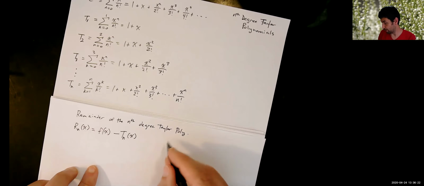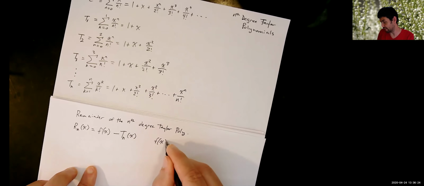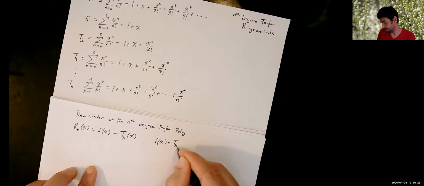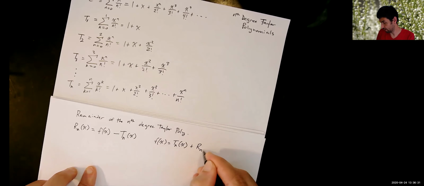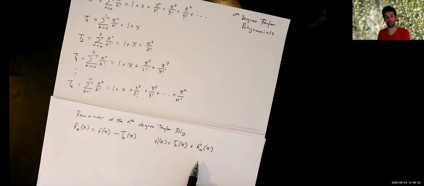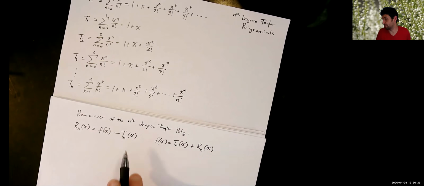Another way we can think about it is that our function is equal to the Taylor approximation plus the remainder. Some people call this the error. It's just the difference between our approximation and the real thing.